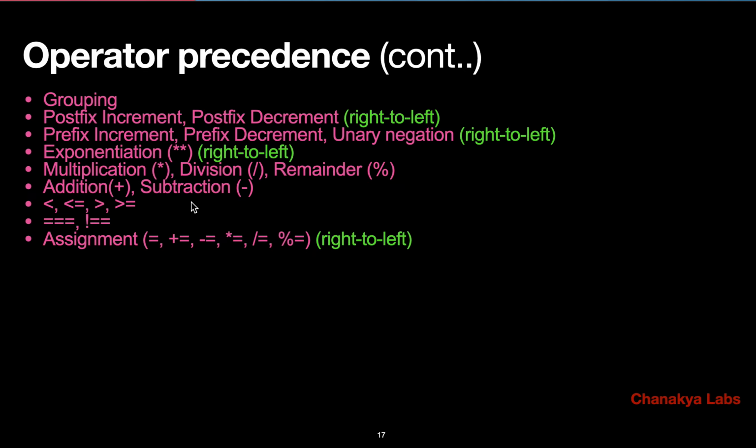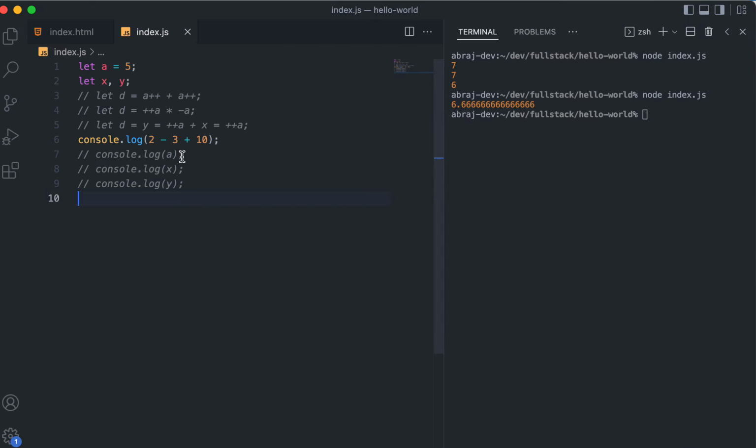A simple thing to remember is that addition and subtraction have lower precedence. Above that, more precedence is given to multiplication and division, and exponentiation has even more precedence. If something like 2 exponentiation 3 and multiplication 10 is there, then preference is first given to exponentiation.